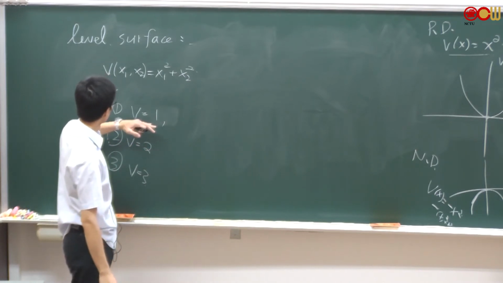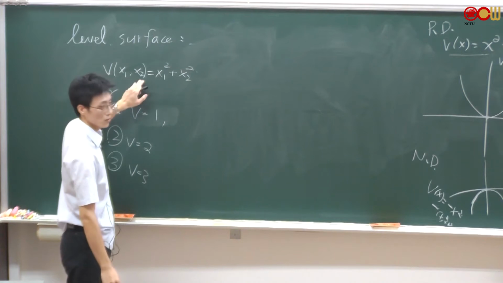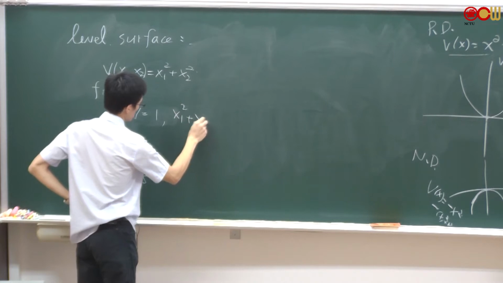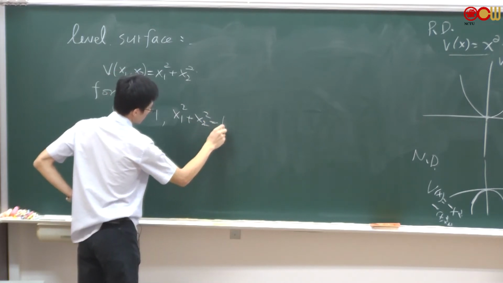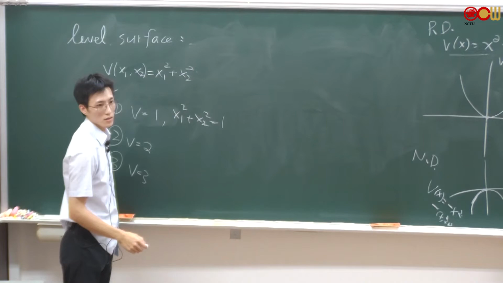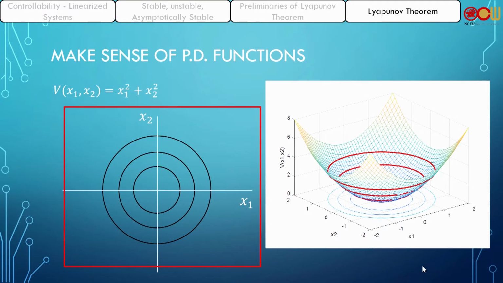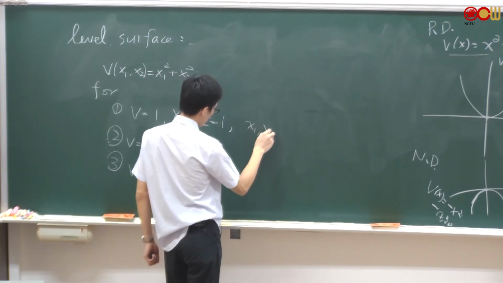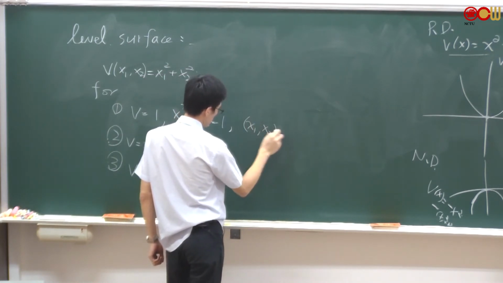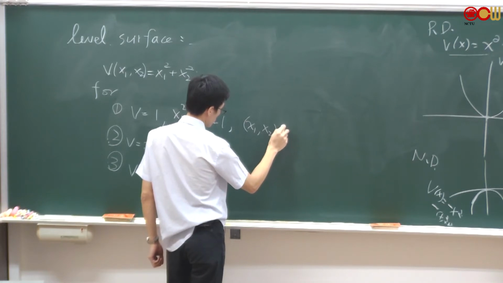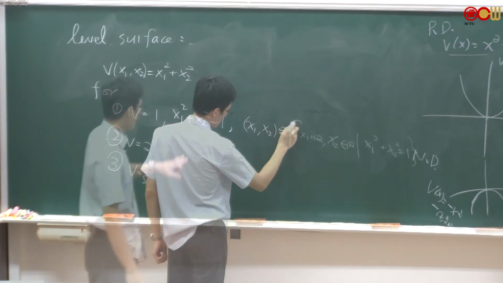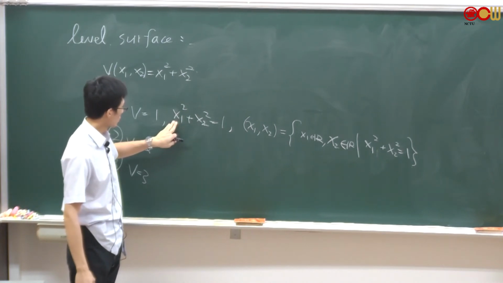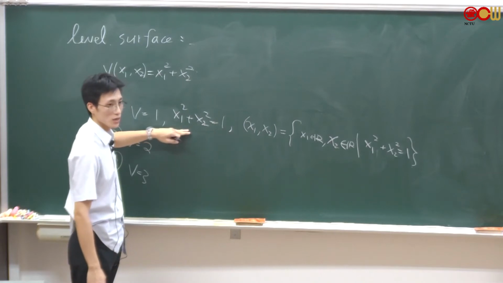Then given this condition, what are the x1, x2? It's any x1 and x2 that satisfy this condition, right? And there will be a circle, this circle. So there are an infinite number of solutions of x1 and x2 that satisfy this condition, right?